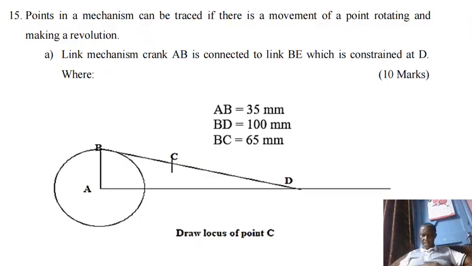Here there is a mistake, because AB is here. This is AB, and then it's connected to link BD, not BE, which is constrained at D, not actually constrained at D, but constrained to move along this line, and pin jointed at D.